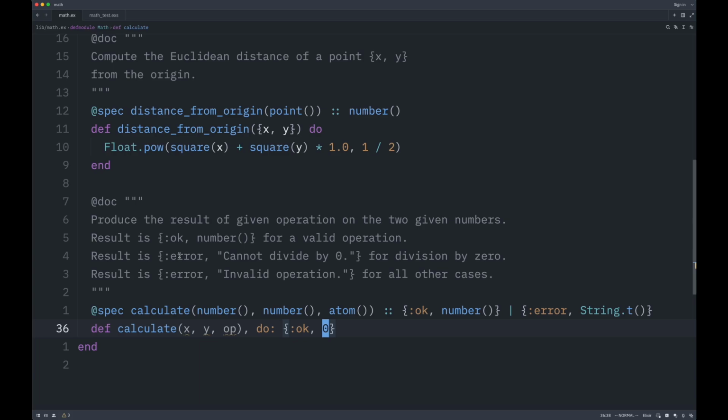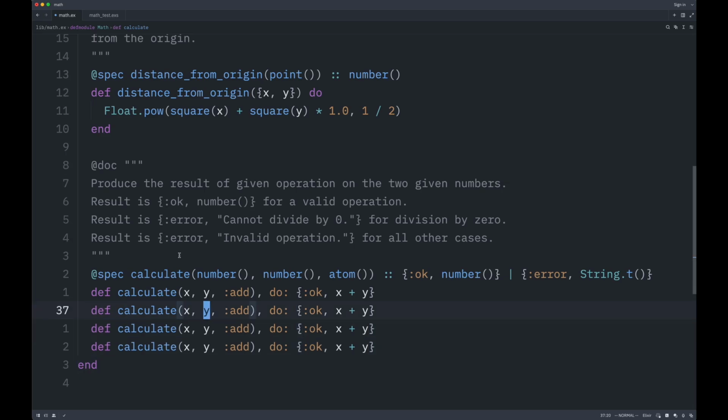Moving back to the implementation now, let's see. I think we can do a pattern matching on this. We are going to say if this is add, right? If this is add, then produce x plus y, right?